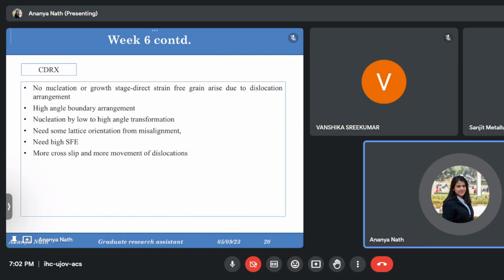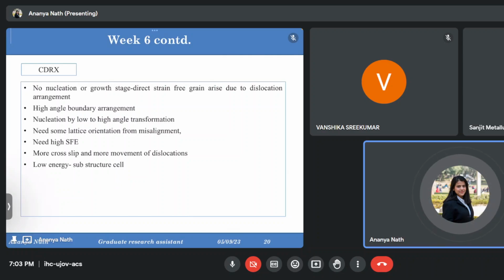We'll again have the high SFE, so more cross slip and more movement of the dislocation is needed here, because the dislocations need more activation energy to move. This cross slip, as high SFE, will provide them that activation energy to move further, to get more and more misalignment.